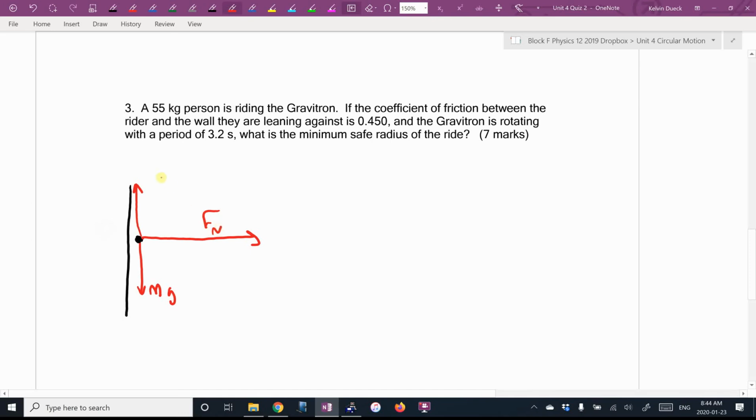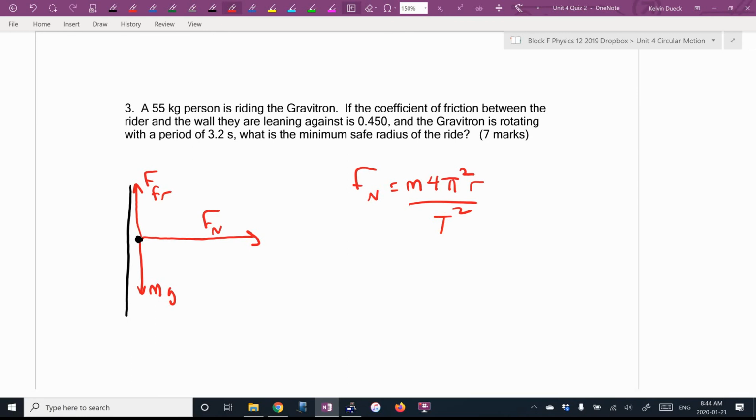And as soon as I called that the normal force, then I went, oh, I'll bet you that's friction, especially because they gave me a mu. And so I would start out by saying, okay, normal force is what's pushing me in a circle. I don't know the normal force.